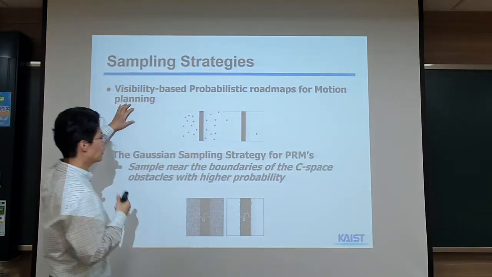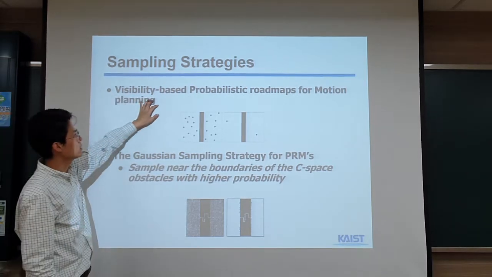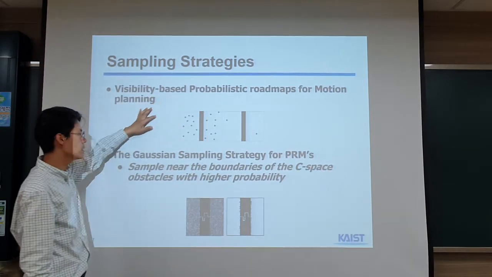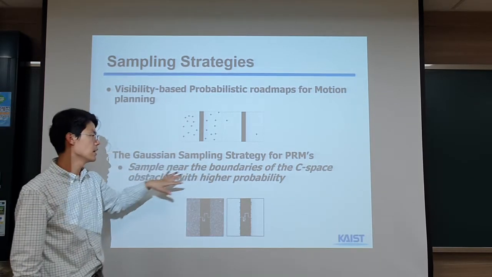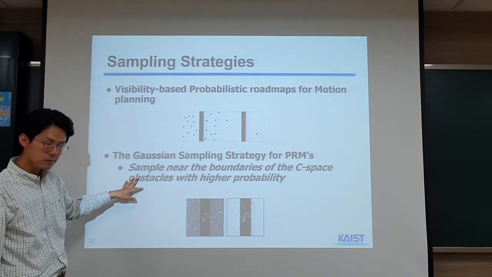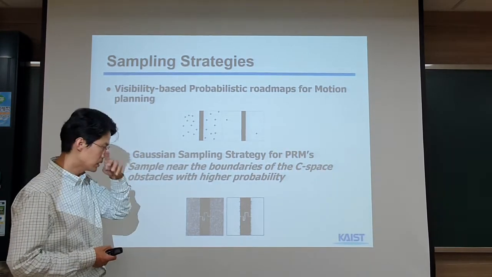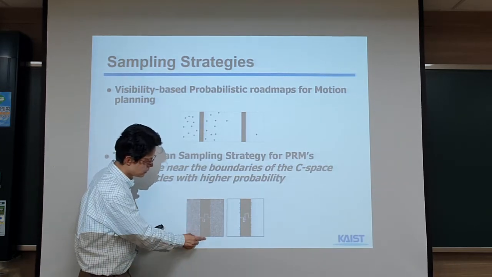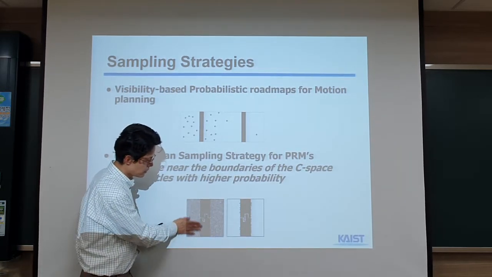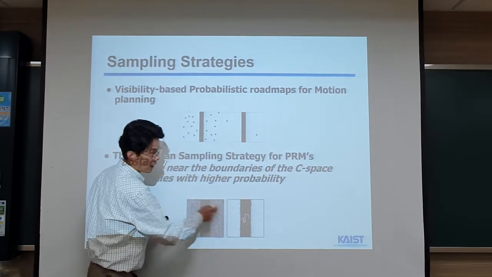Two well-known techniques are the visibility-based PRM technique for path planning, and the Gaussian sampling strategy. Its main idea is that if we just use random samples, we have this empty space. This is the obstacle, and this is free space in the same environment, and we have a very narrow passage, right?